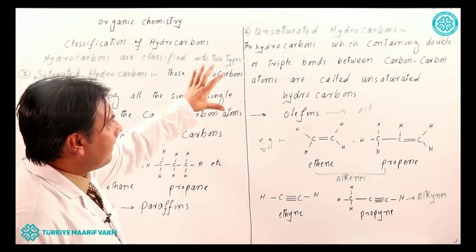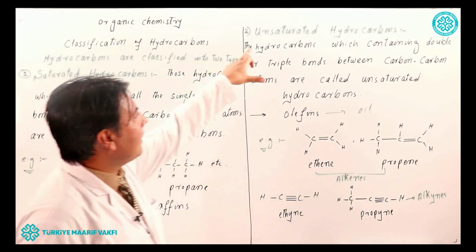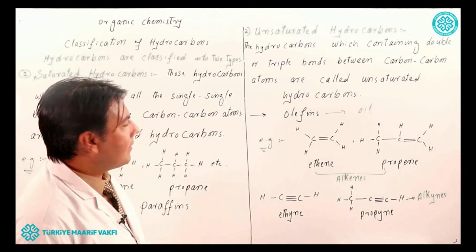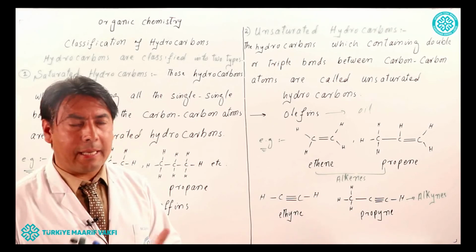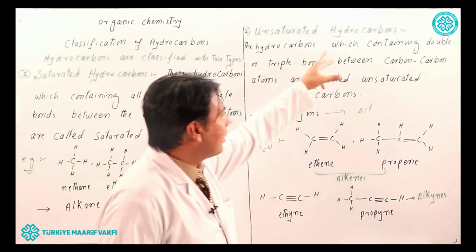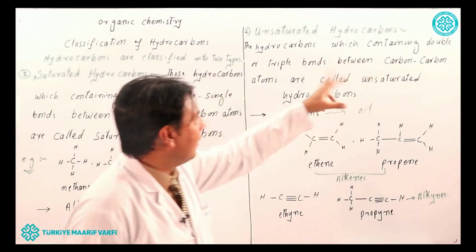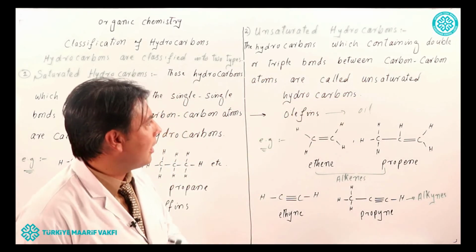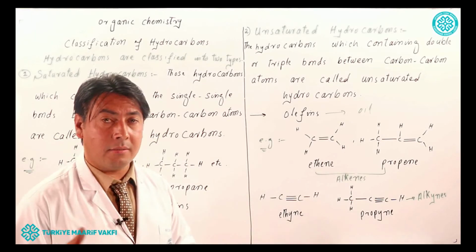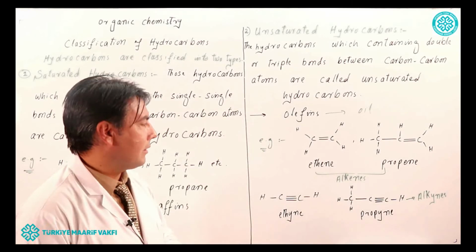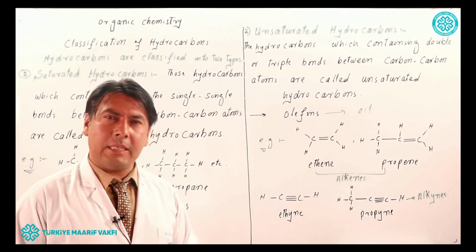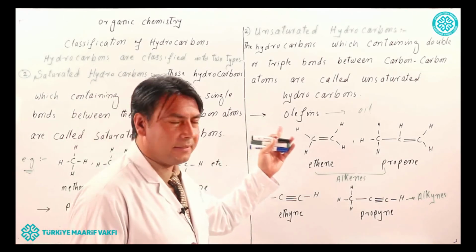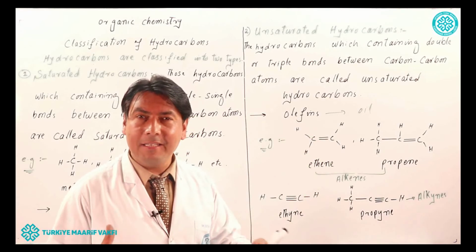Now, another type of hydrocarbon is unsaturated hydrocarbons. Unsaturated hydrocarbons can be defined as hydrocarbons which contain double or triple bonds between carbon atoms. The unsaturated hydrocarbons are also known as olefins, meaning oil makers.